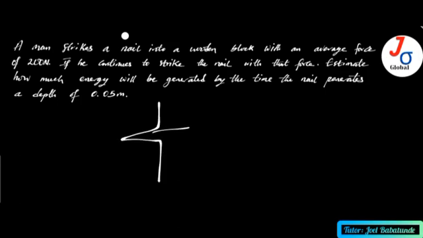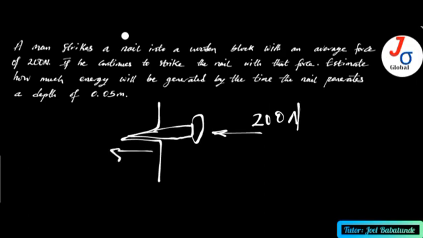So a man sticks a nail into wood with an average force of 200 newtons, in this direction. The distance also, the nail is going to move in this direction as well. Okay, good. So that's the condition for the force definition.